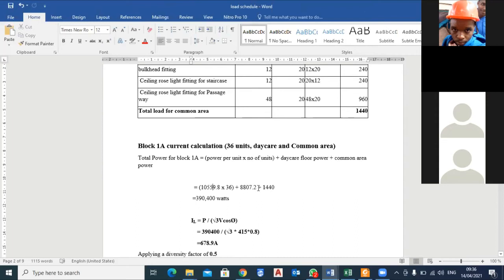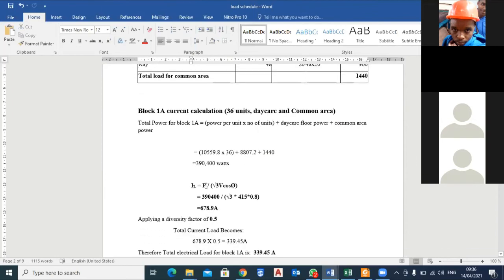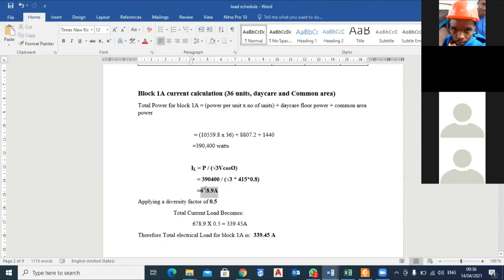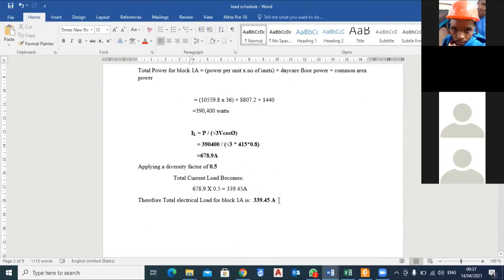Then you add ile daycare, which is 88.07, and then you add your common area. So unapata 390,400 watts, you come to calculate the current, but you apply a diversity factor. Again, not all the loads can be on at the same time. So unapata 339.45 amperes.